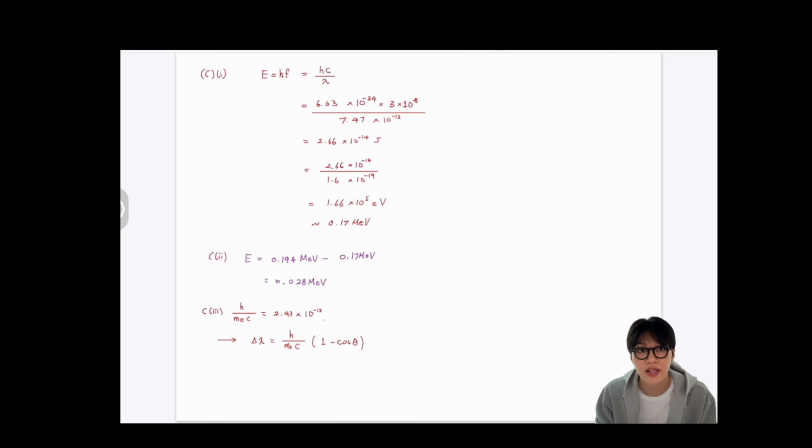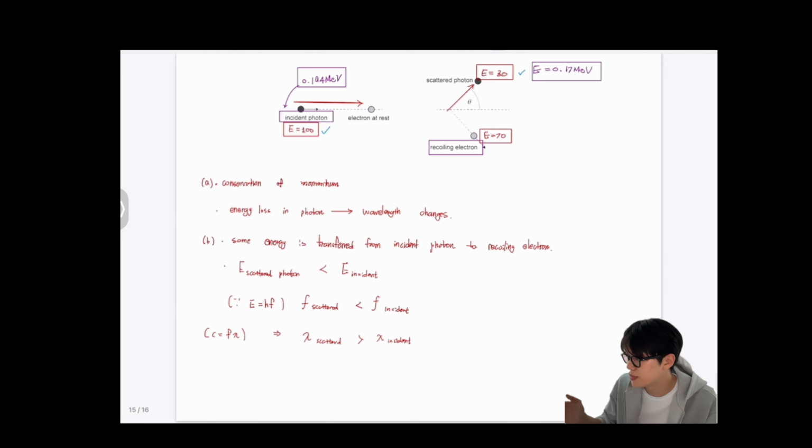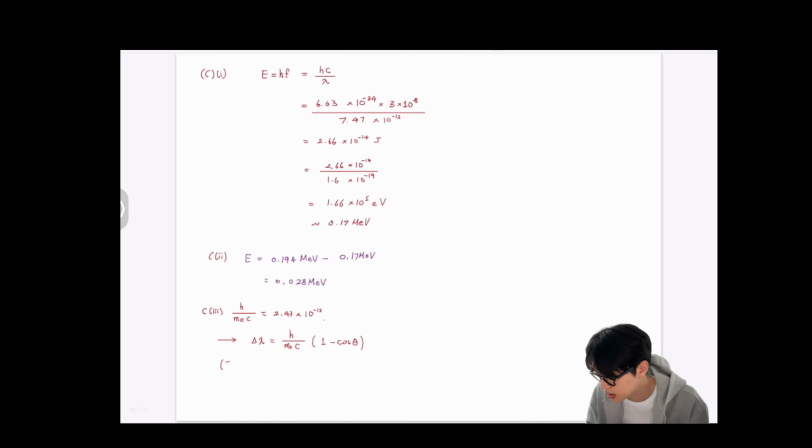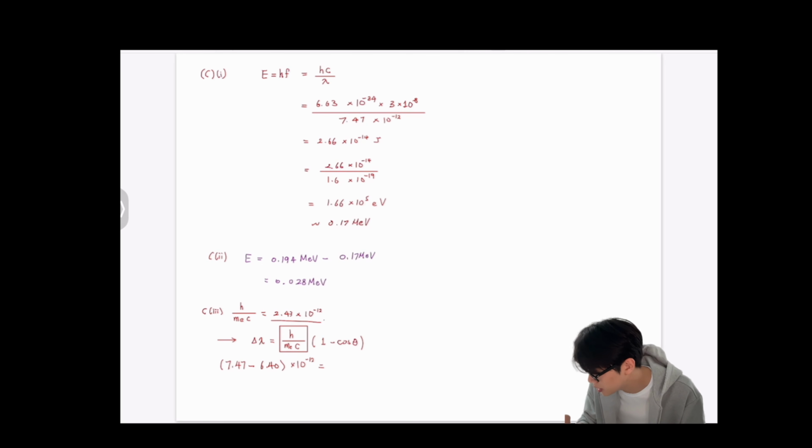So the change in wavelength, if you see the question here, we'll know that the initial wavelength was 6.4 times 10 to the negative 12, and the scattered wavelength is 7.47 times 10 to the negative 12, okay? So the change is 7.47 minus 6.40 times 10 to the negative 12, which is equal to 2.43 times 10 to the negative 12, a number given in the question here, times (1 minus cosine theta).